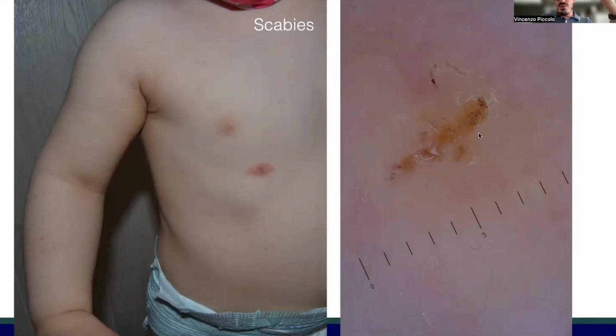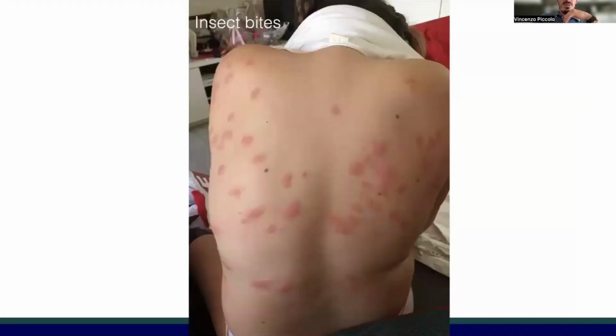In this case, the role of dermatoscopy is key in the diagnosis of scabies, where you can appreciate the burrow, and here where I'm indicating with the arrow you can see the presence of the mite itself. So the diagnosis of scabies should be made with dermatoscopy.